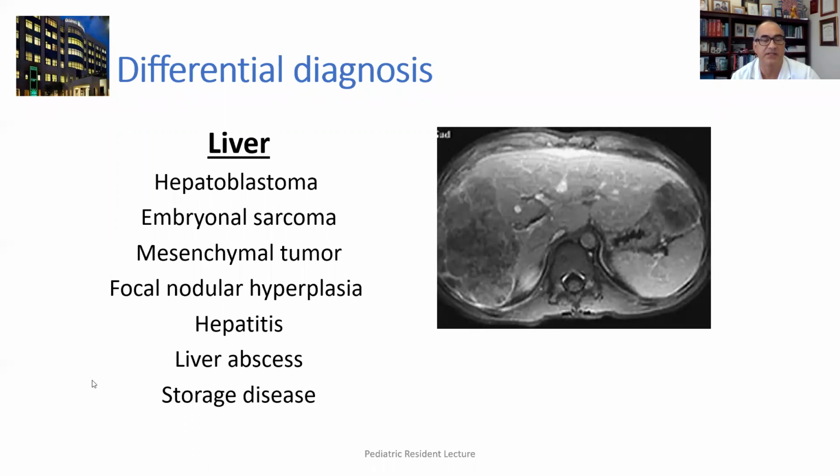Storage disease, you will see more from the pediatric side, but basically all are very uncommon. Recently, we had a large liver abscess in a teenager that had to be drained and treated to allow it to decompress and recover.